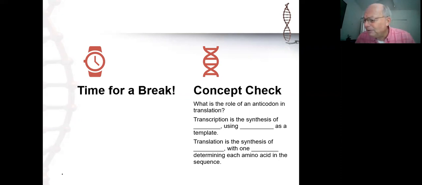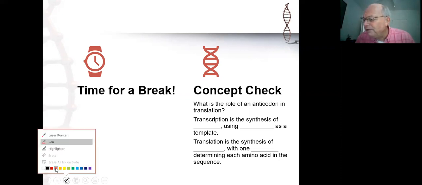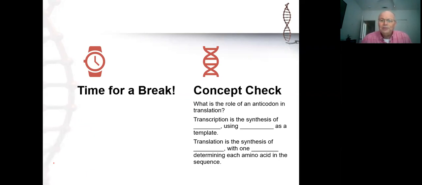These are fill in the blanks, so I think I'm going to fill them in red just to make it a bit easier to see them. So transcription is the synthesis of messenger RNA using DNA as the template.